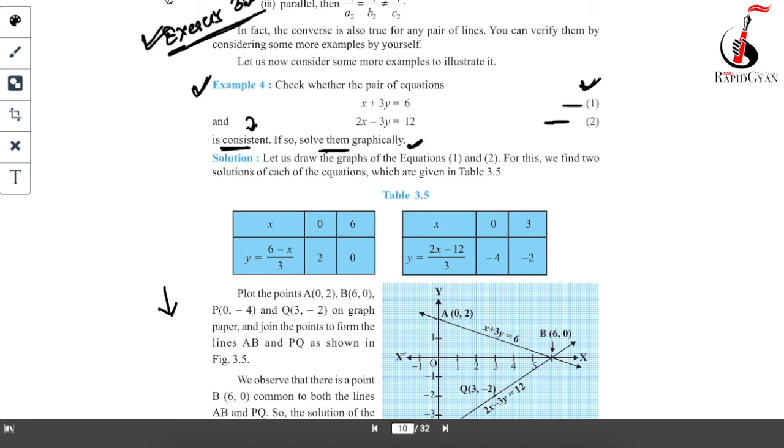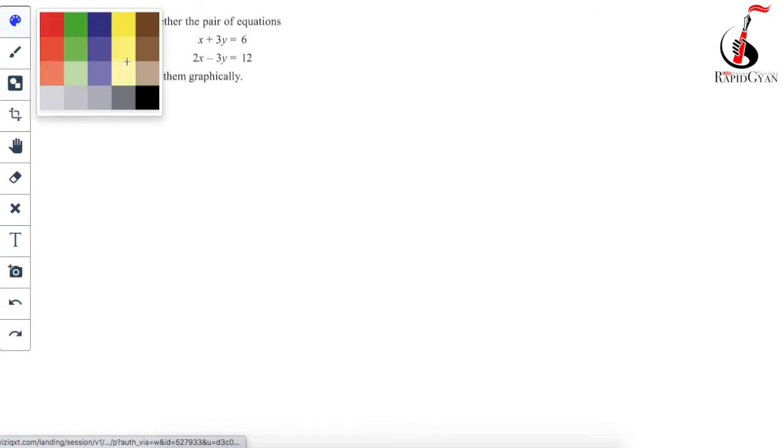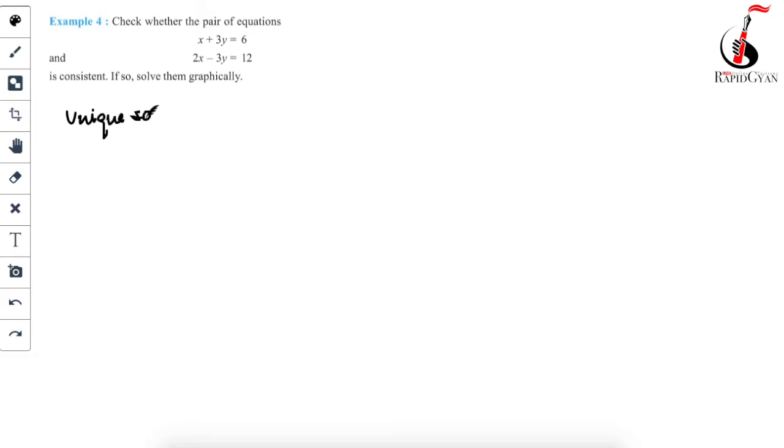So guys, if you remember, I have told you the criteria to know whether a particular pair of linear equations is consistent or not. We know that there are three possibilities for a pair of linear equations. Either they will have a unique solution, or the second case is they will have infinitely many solutions. And what is the third case?